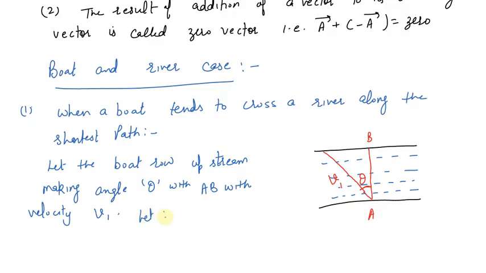Let V2 is the velocity of river flow. This is V2.